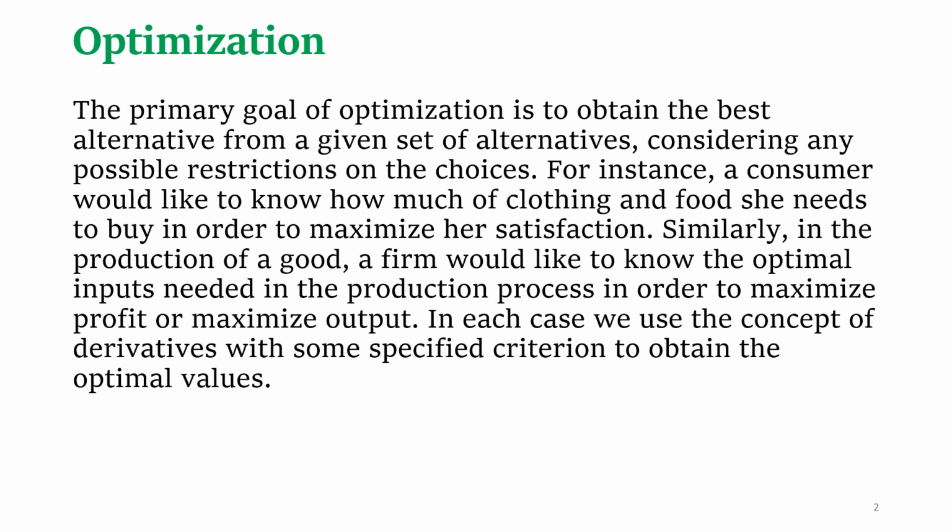Now, in optimization here, we're going to have what is referred to as a necessary condition or the first order condition for optimization, which is just the first derivative of that particular function, the profit function or maybe the utility function.